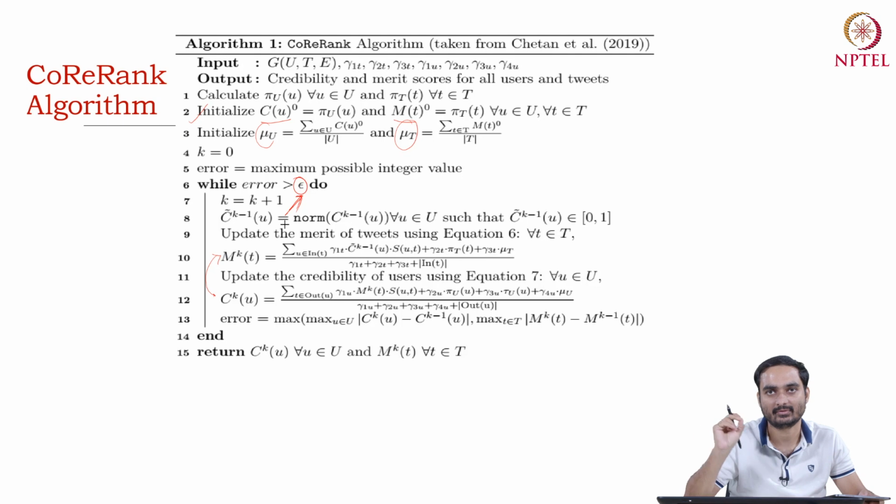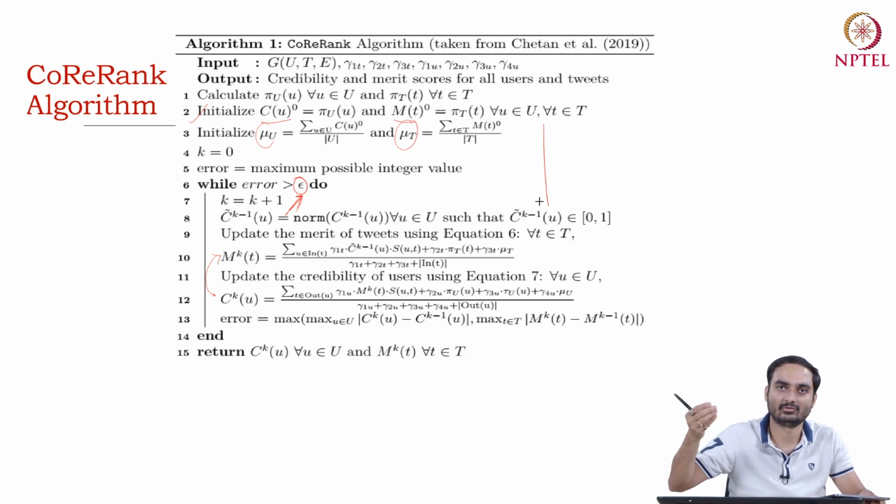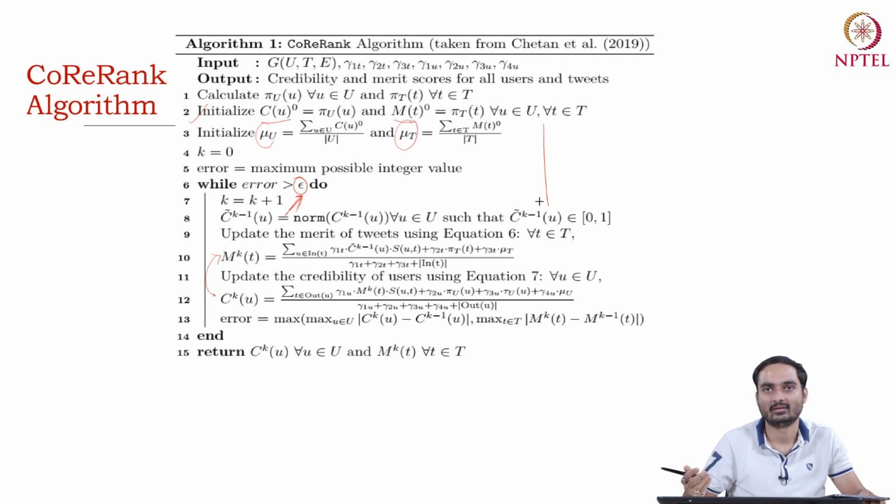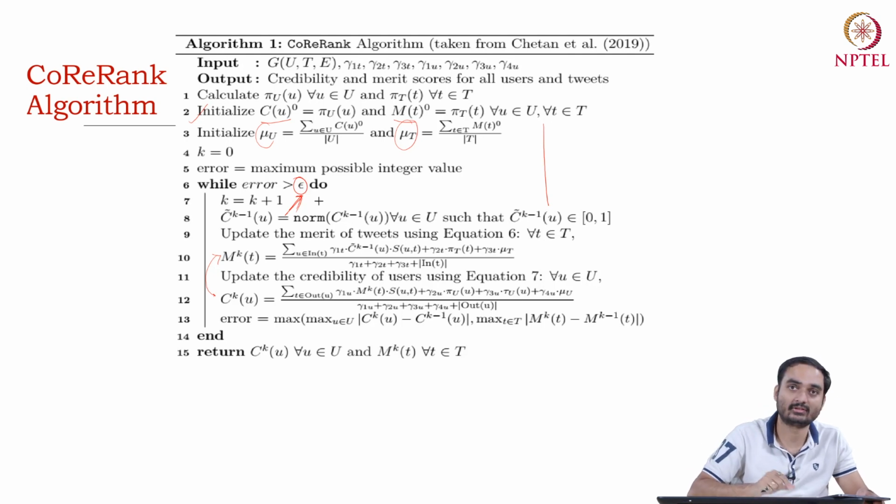Okay. And what you get at the end of the day, we get the credibility score of every user and the merit score of every tweet, and then we rank the users based on the credibility, and those users who have less credibility are returned as collusive users, and those tweets which have less merit scores are returned as collusive tweets. Okay. So, if you go through the paper, we also theoretically show that this algorithm has some beautiful properties.